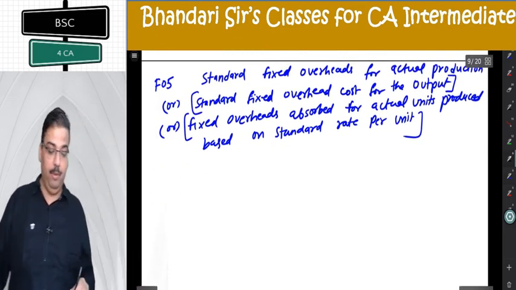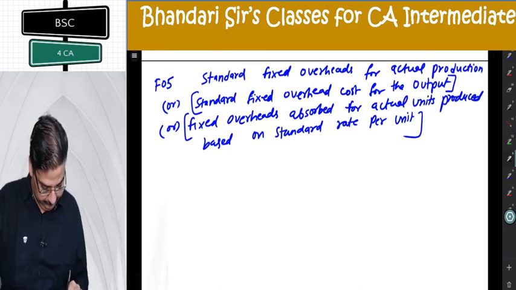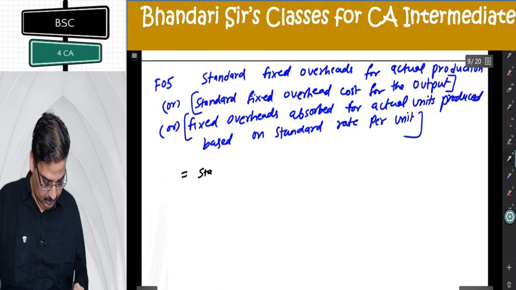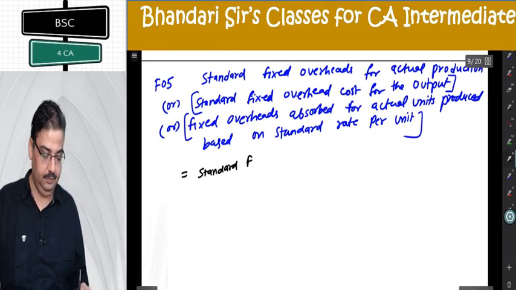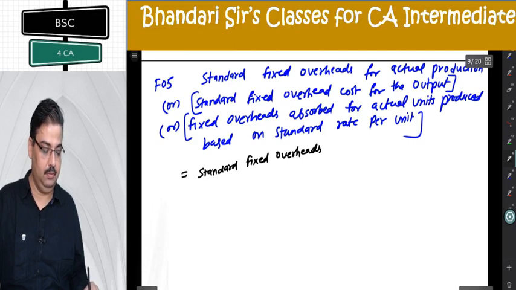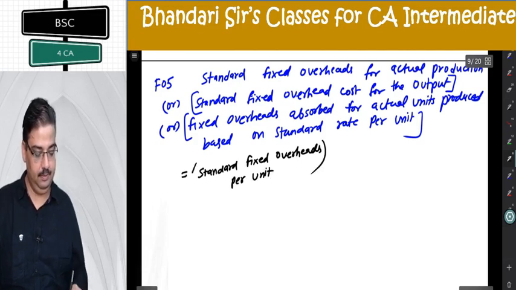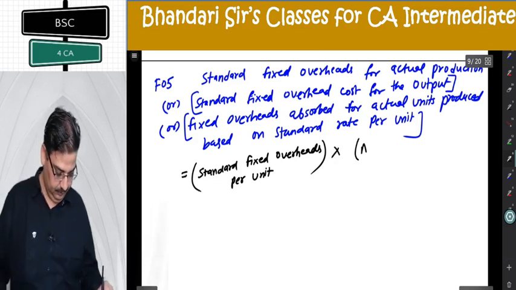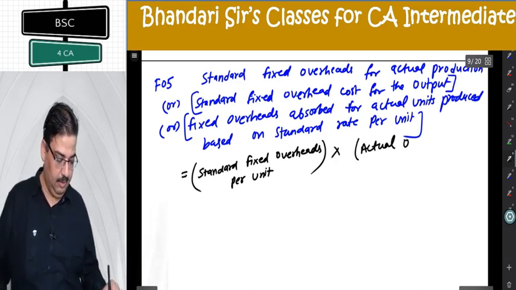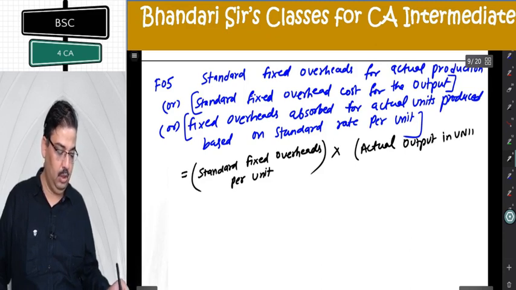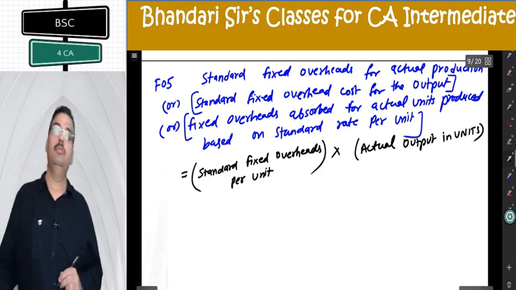Now, how to compute it? Standard fixed overheads per unit multiplied by actual output in units.